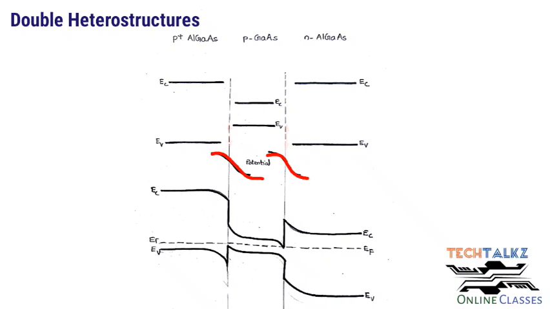So after joining, when you draw the complete band diagram, it will be like this: band bending, then discontinuity downwards, then continuing, then it bends towards the junction, then upward discontinuity. After that, it follows the bending.